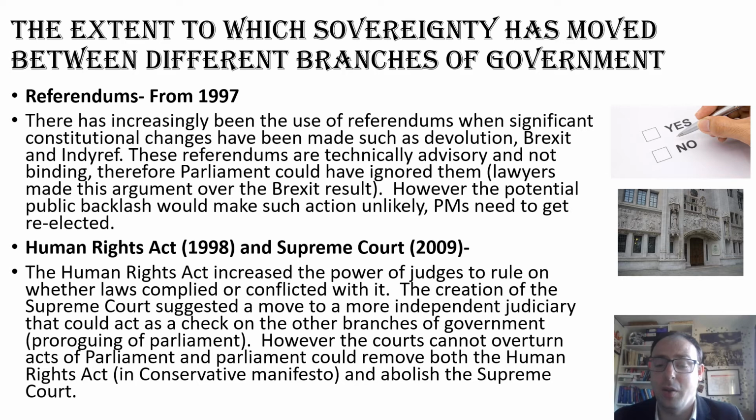And they also could theoretically abolish the Supreme Court. It was created by an Act of Parliament back in 2005, and it could be removed by an Act of Parliament. And this is the thing about the supremacy of parliamentary law in the UK: there is no higher level of law. And this again suggests Parliament is sovereign.